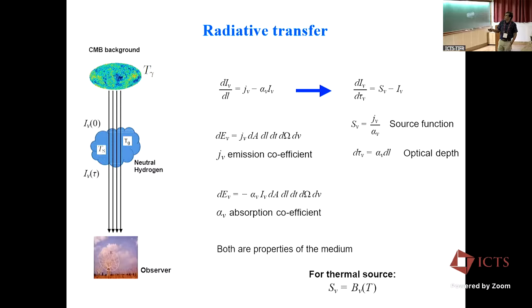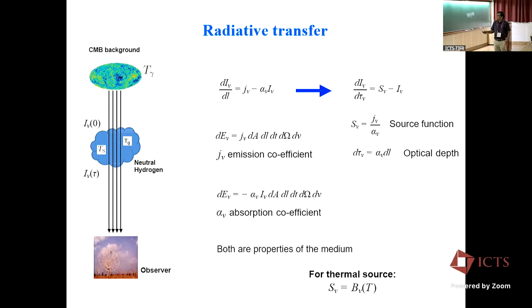I divide this equation by alpha nu on both sides. So dl alpha nu becomes d tau, and S nu is j nu by alpha nu, so the equation becomes this. S nu is the source function, and tau here is the optical depth, because d tau is alpha nu dl, right?